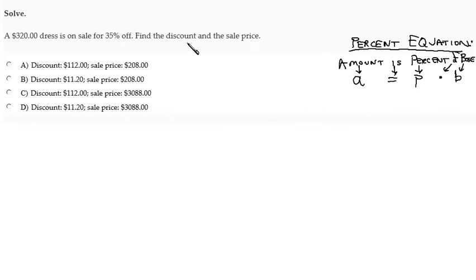And that's how we're going to find the amount of discount for this item, this dress. So if I use subscripts, the amount of discount that we're going to find that's coming off of this dress is some percent times some base.